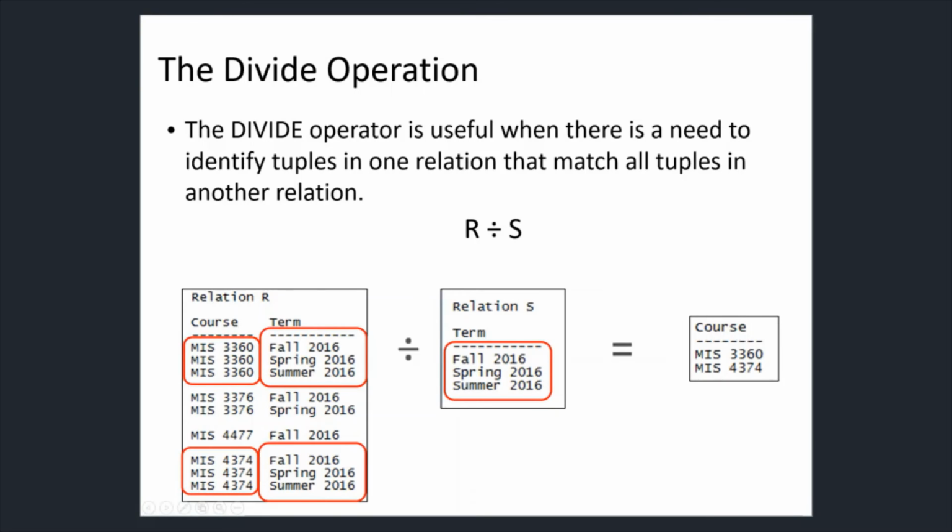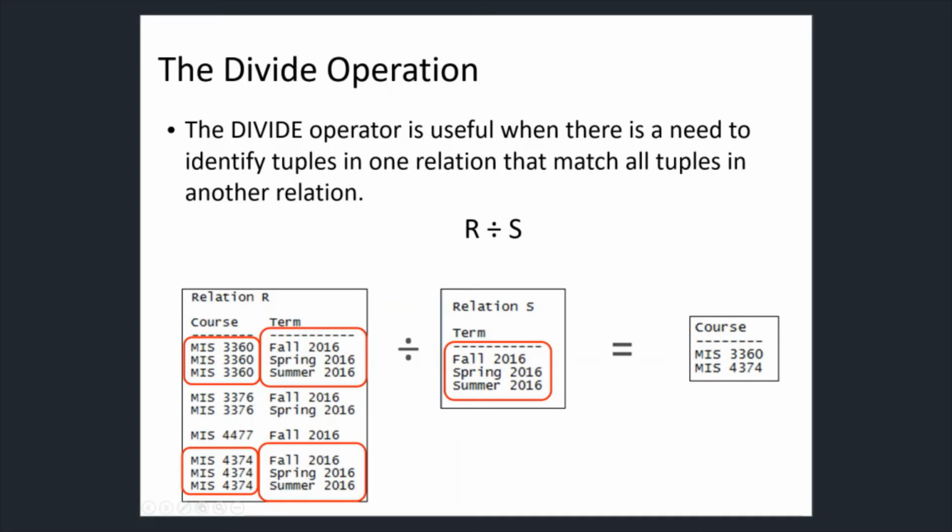Okay, and we'll conclude our lecture today by talking about the divide operation. The divide operator is useful when you want to identify tuples that match all tuples in another relation. So in this example, we have relation R that contains a number of courses and terms, and we're going to divide by a second relation, S, that contains a series of terms.